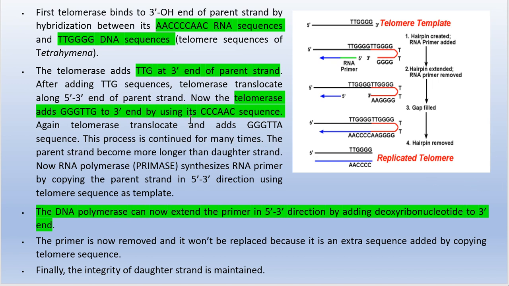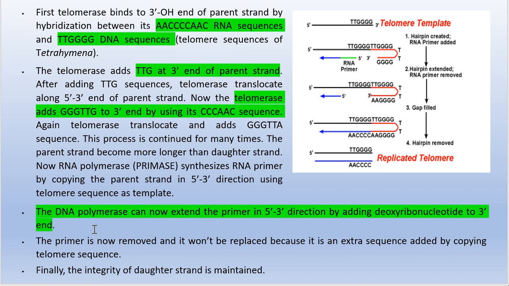This process is continued many times. The parent strand becomes longer than the daughter strand. Now RNA polymerase, also called primase, synthesizes an RNA primer by copying the parent strand in the 5' to 3' direction using the telomere sequence as template.